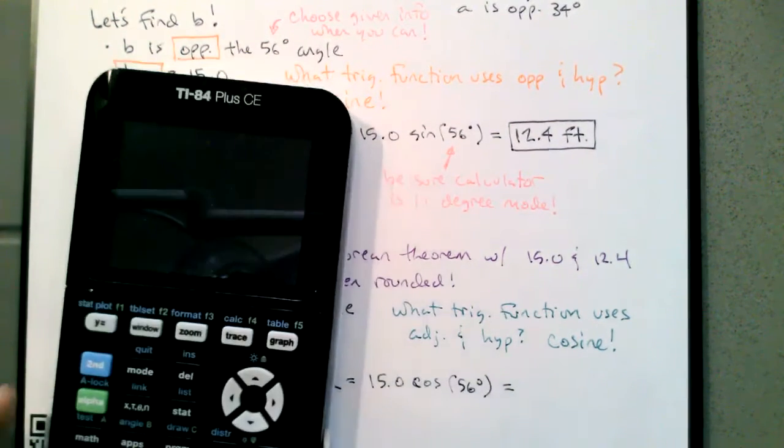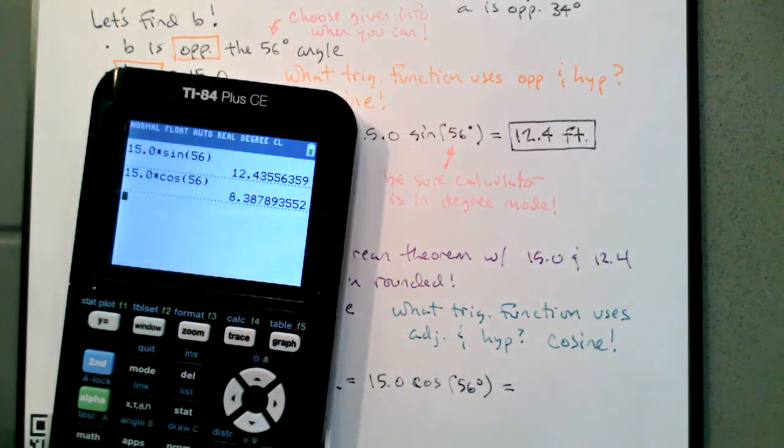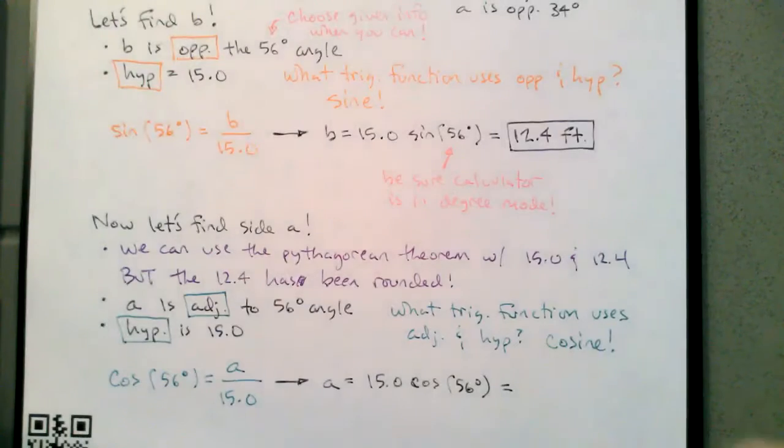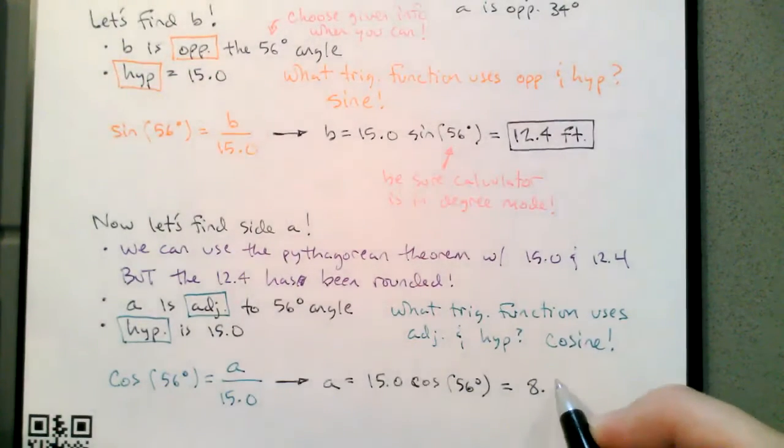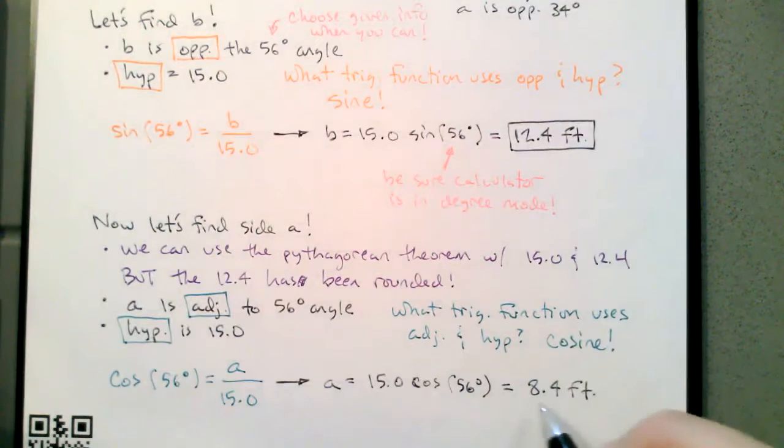So I'll use my calculating machine and just do 15 times the cosine of 56. Calculator will still be in degree mode. And that'll give us an 8.387893552. That would be a ridiculous amount of information to write. So I'm just going to make it look like the other ones and say 8.4. And since it's still a length, it's still going to be measured in feet.